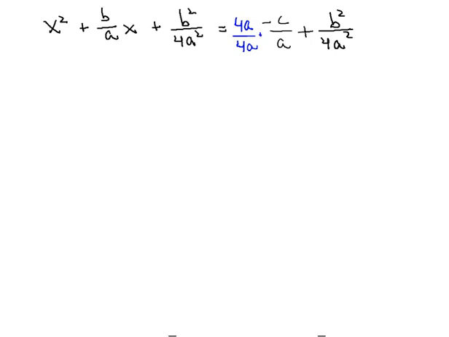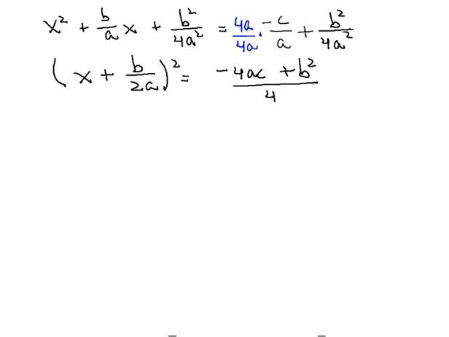And so what I'm going to do next is to factor the left hand side. It'd be then x plus b over 2a quantity squared. And on the right hand side we have negative 4ac, then plus b squared all over 4a squared.